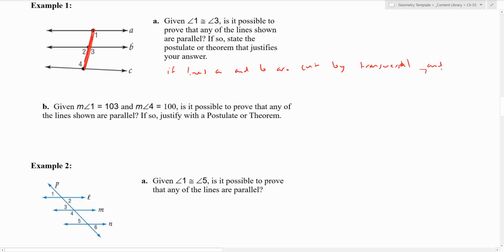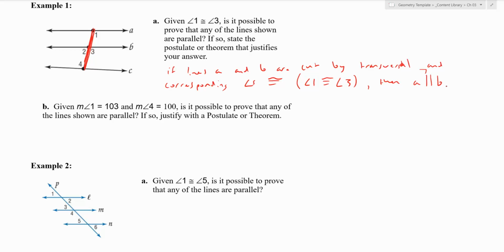And corresponding angles are congruent, in this case, angle 1 is congruent to angle 3, then lines A and B are parallel. And what's the theorem? Converse of corresponding angles postulate.